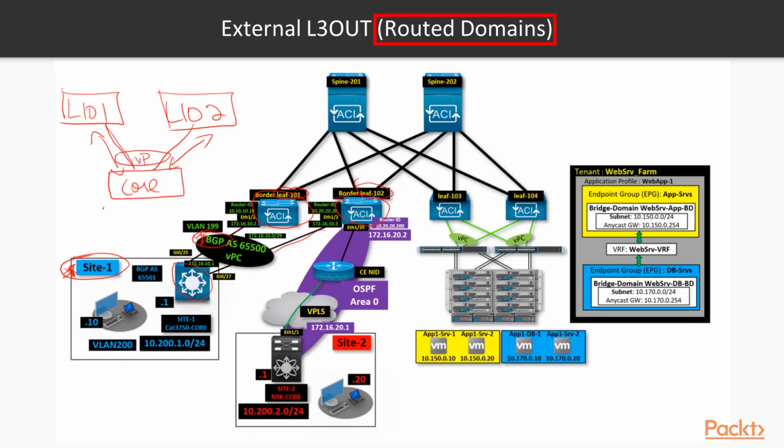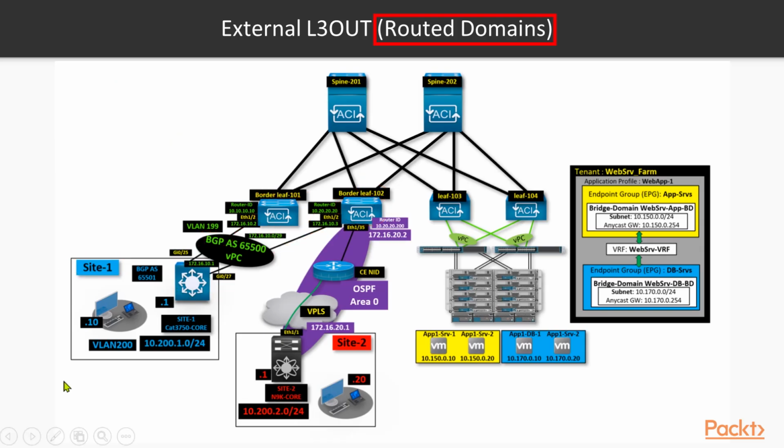The reason we want a VPC is that we want redundancy not only from the core side, but also from the leaf side. So if I lose one leaf, I should still be able to access my resources via the second leaf, okay? Another item we're working with is a designated VLAN ID to peer BGP.